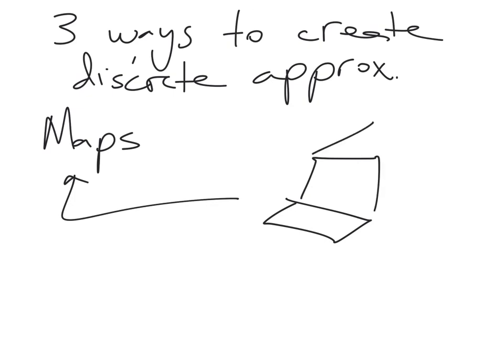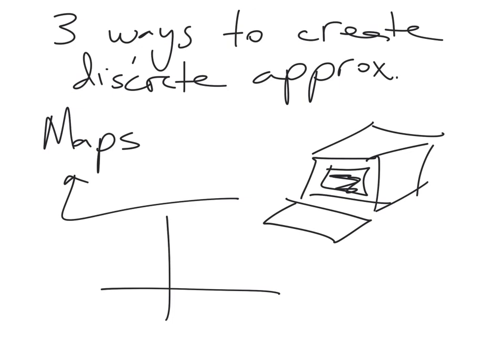This is a super old school notion of a computer because I just gave it a giant monitor. And once we program that map into a computer, it's straightforward for the computer to solve the map for many different initial conditions. And so the computer can, if this is time and this is x, give us this approximation and this approximation and this approximation and this one and this one.